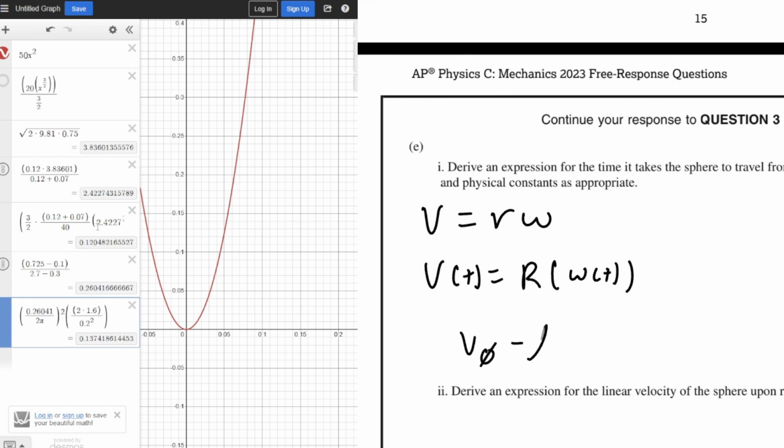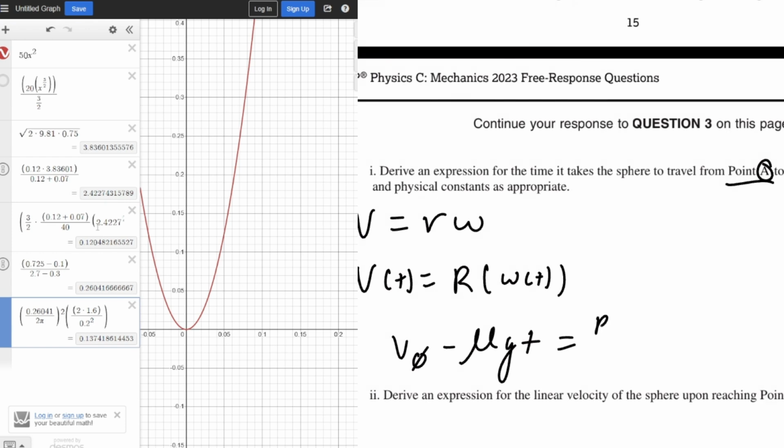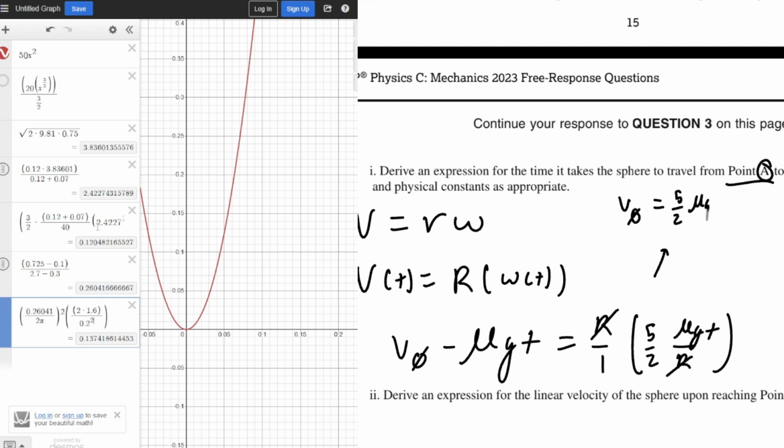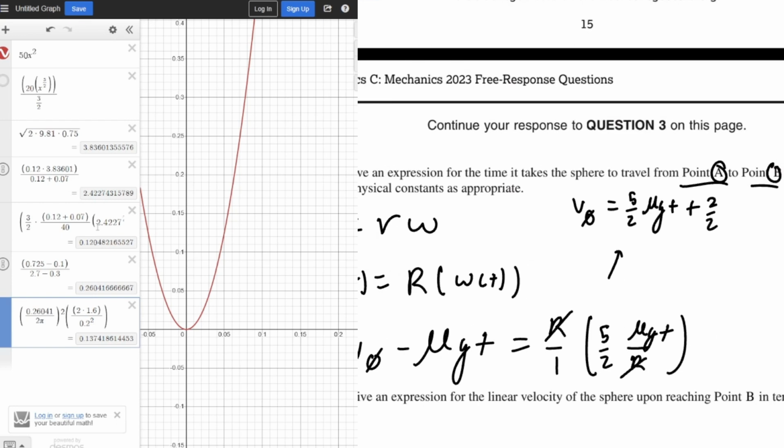We know V of t was negative V naught minus mu g t, which is equal to R times 5 over 2 R over mu g t. I see R on top and bottom, so I'm going to cancel that. Now I'm going to add mu g t to both sides because I have like terms: 5 over 2 mu g t plus 2 over 2 mu g t.